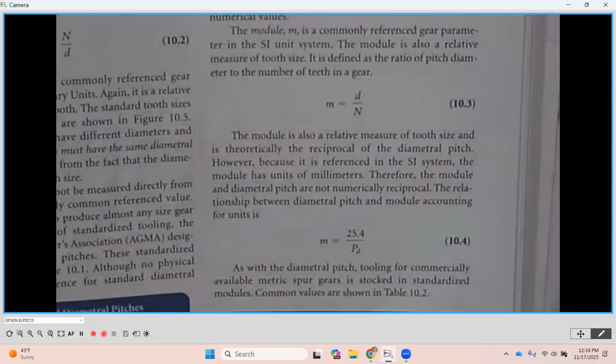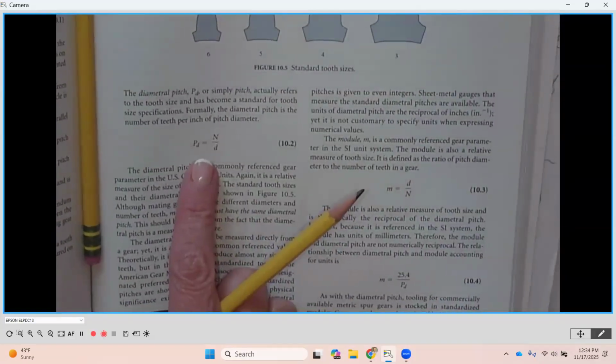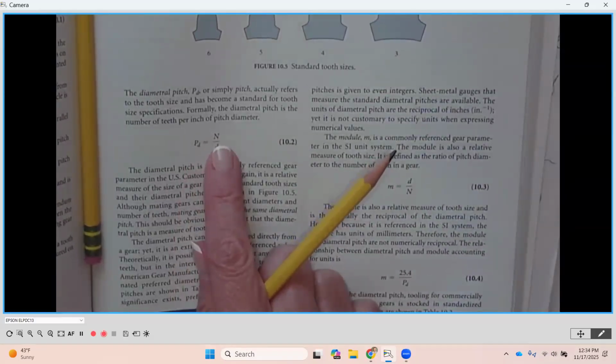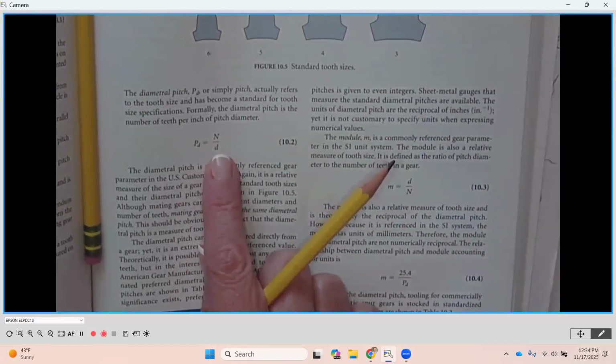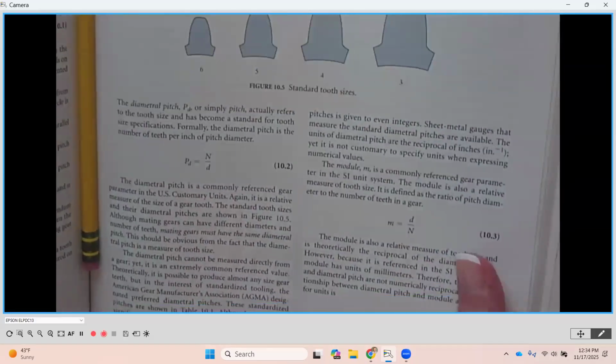Now, to calculate the diametral pitch, we're going to use this equation right here. Capital P sub d is equal to the number of teeth divided by the pitch diameter. Okay, so what I want to do is start us with, there's not going to be a ton of calculations, but we're going to add to this as we go through, and it'll be a nice place to have an equation sheet so that you don't have to page through the chapter to find the things that you need.